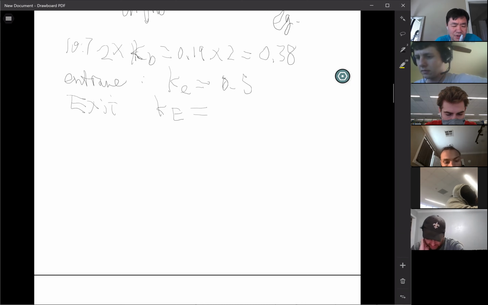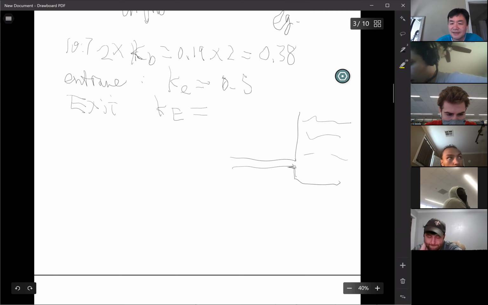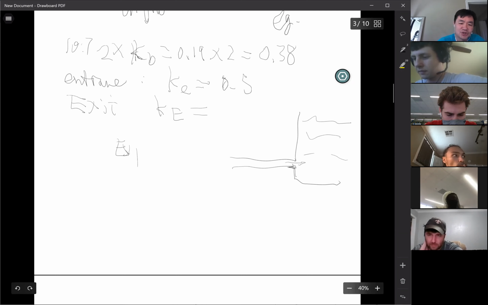You mean contraction as exit? Your pipe exit is kind of like this, to a reservoir, to a tank, right? This is the exit, right? So which one is closer to this exit situation? Expansion, with 0. That's right. For an exit, you use expansion.